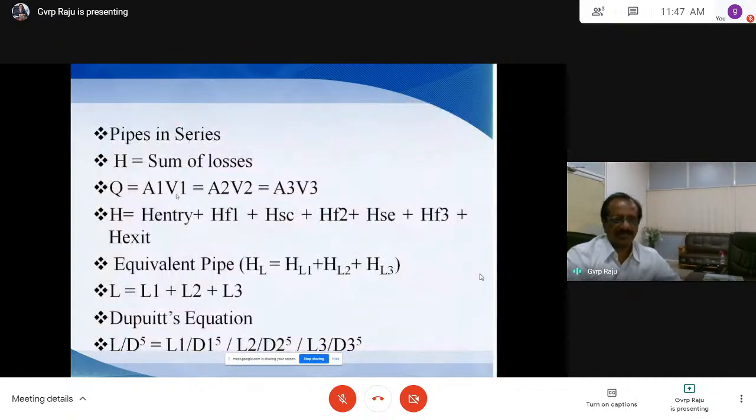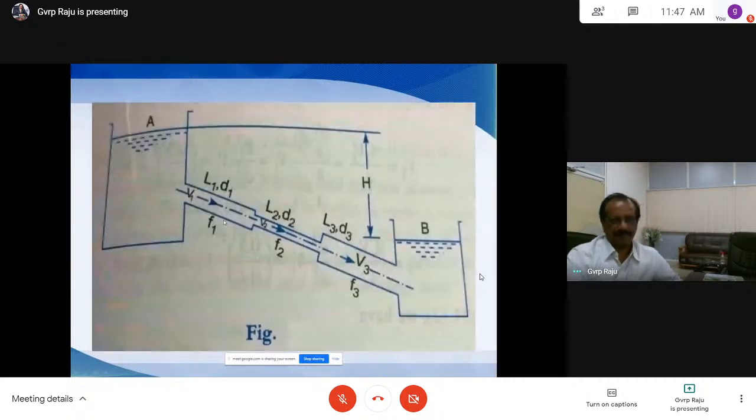So see here, first is the entry loss, 0.5 V1 square by 2g. Then friction loss, f L1 V1 square by 2g D1. Then head loss due to sudden contraction. Some students, no doubt they know the equation is 0.5 V square by 2g, but what velocity do you need to consider?